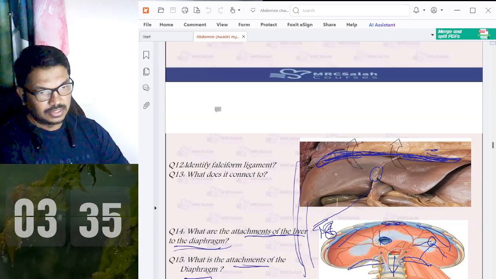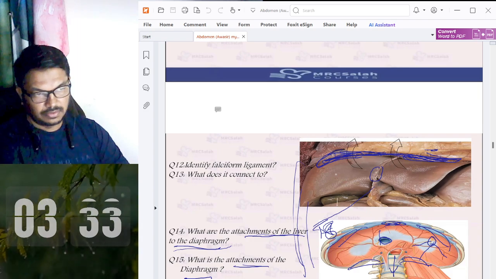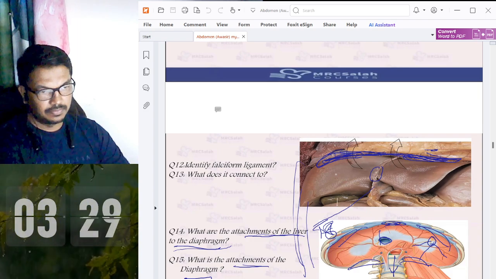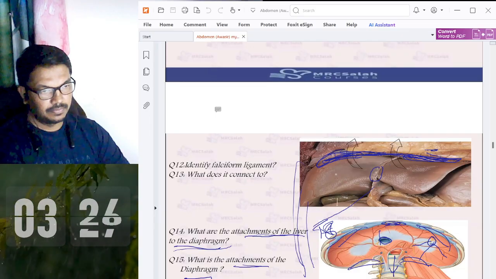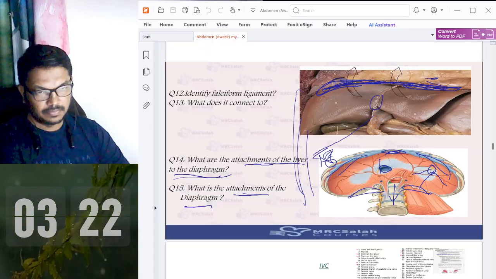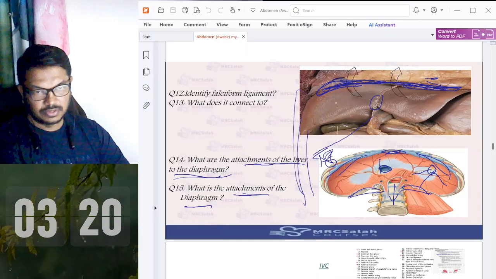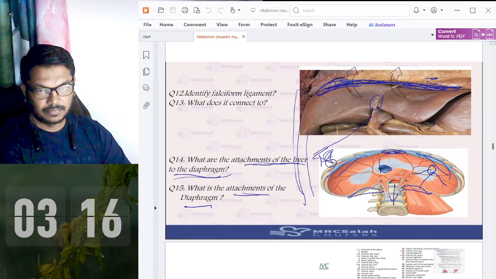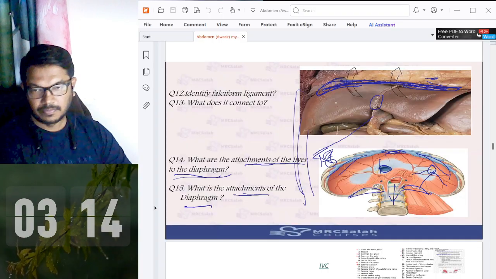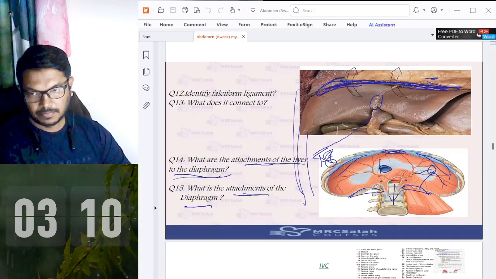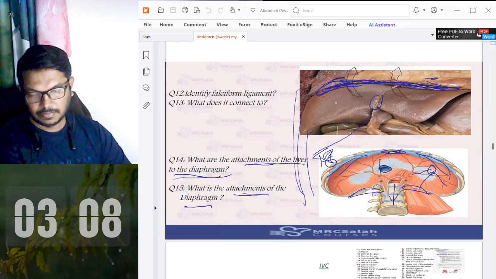Structures passing through the central tendon: inferior vena cava and right phrenic nerve. What are the tributaries of the inferior vena cava? Common iliac vein, right gonadal vein, right suprarenal vein, renal vein, hepatic vein, inferior phrenic vein.